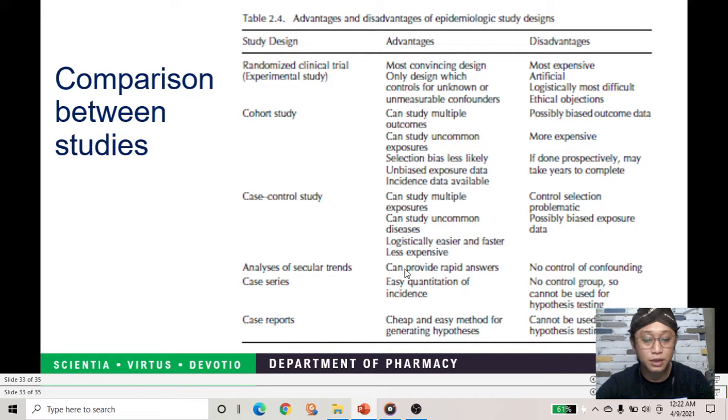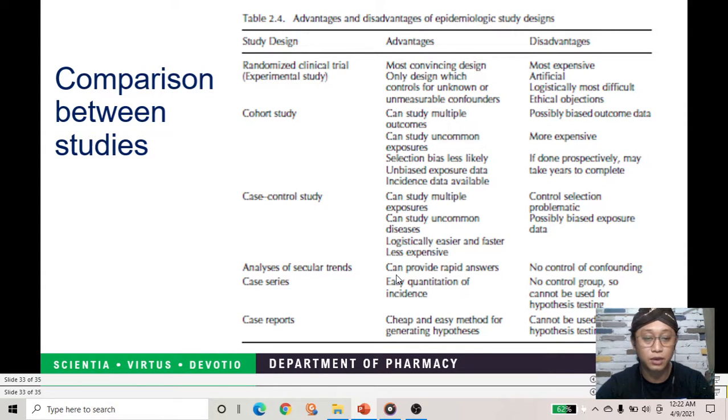Analysis of secular trends can provide rapid answers, but there is no control of confounding. So we can establish an association here, but the association could be said to be weak evidence.